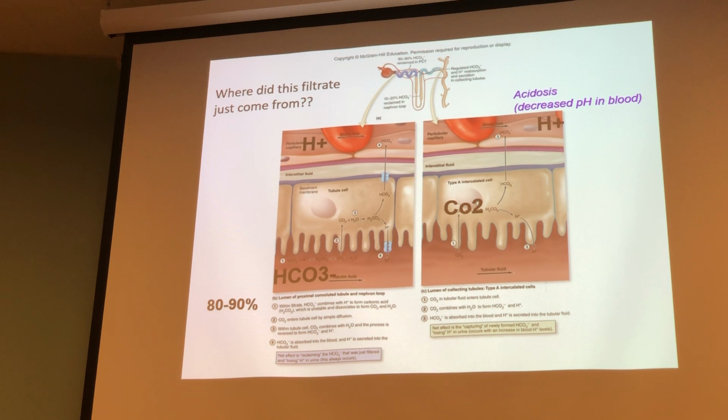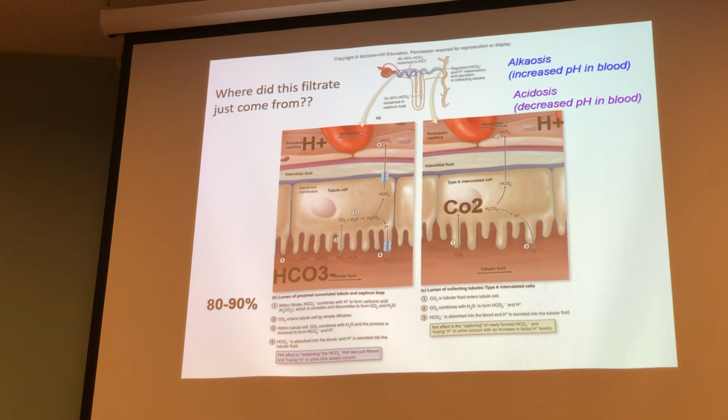Now what if instead of acidosis, we have alkalosis? Here's the really simple thing. Once you write down the word alkalosis, which is an increase in pH, type B cells will handle that problem. Type B cells will handle alkalosis.